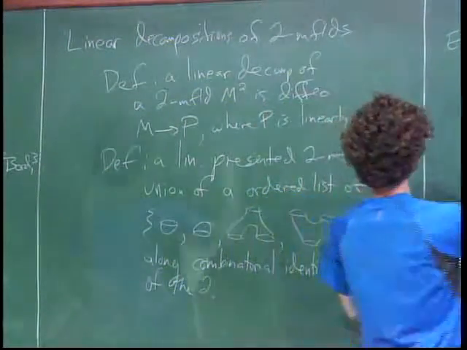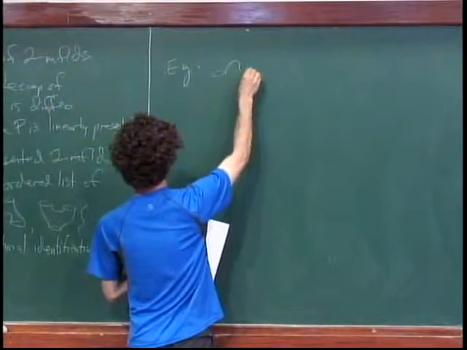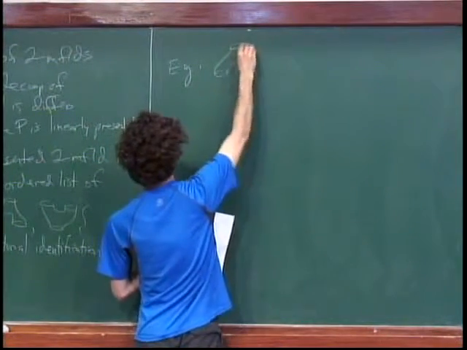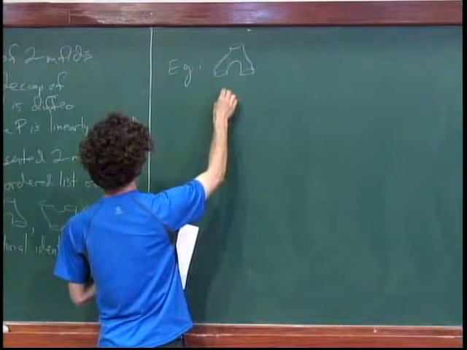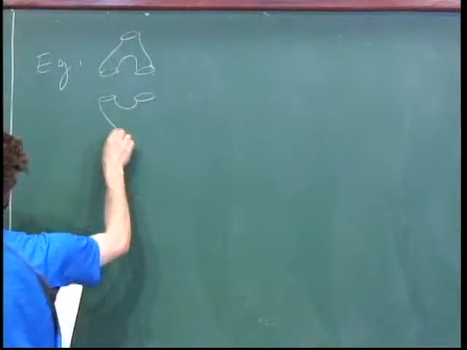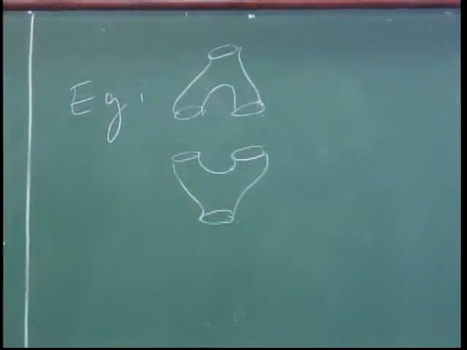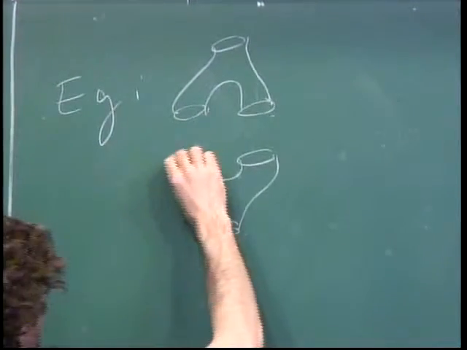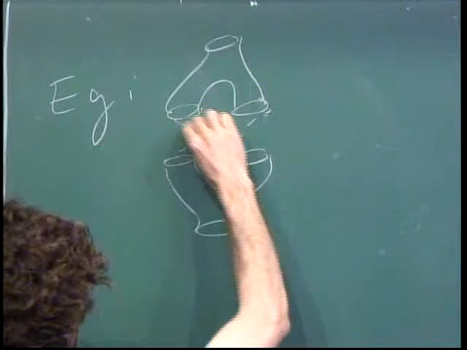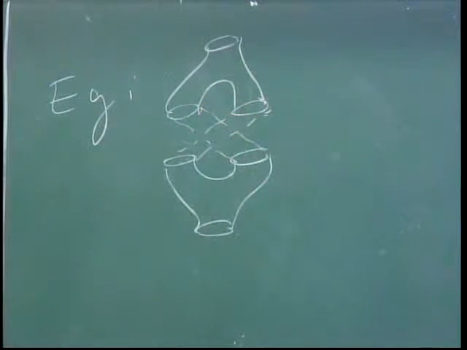So for instance, suppose my list was that the first element was the pants and the second element was the copants. Then I take my standard pieces and I can identify the boundary according to any permutation, and so that's my resulting surface.